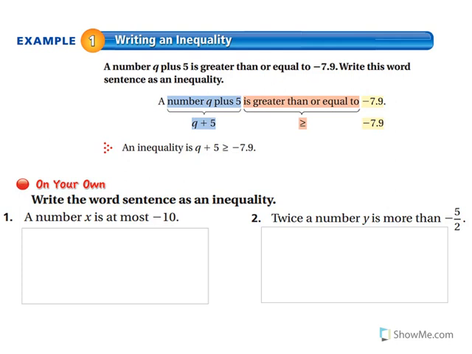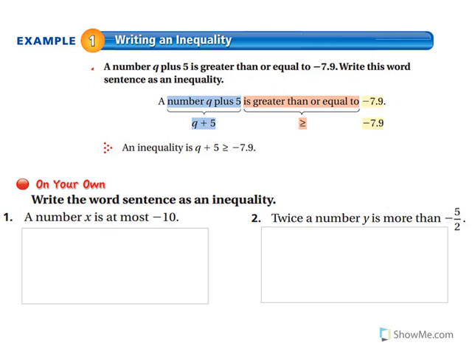All right, so our first example, we're going to look at writing an inequality based on the sentence that we're given. So a number q plus 5 is greater than or equal to negative 7.9. So write this word sentence as an inequality. The first thing I want you to look at is taking the sentence and breaking it down.